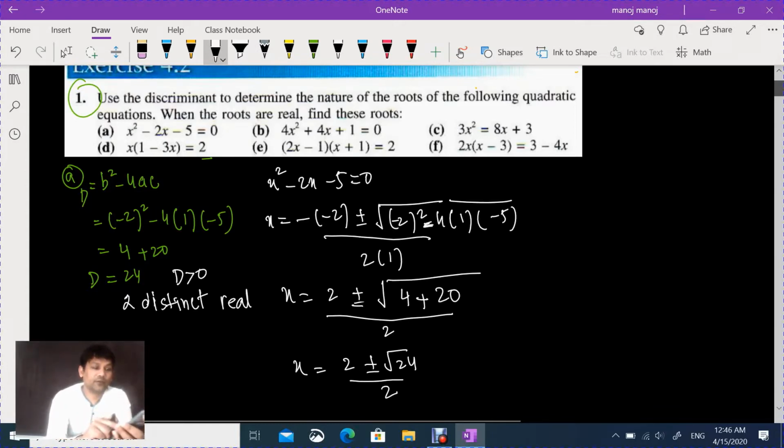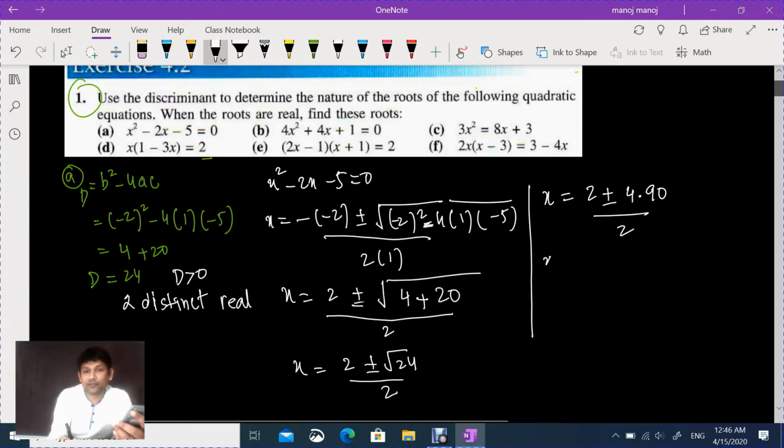Root of 24 is coming 4.89. So I can write here x equals 2 plus minus 4.89 divided by 2. One time I will write plus and one time I will write 2 minus 4.90 divided by 2, and we can have the roots.